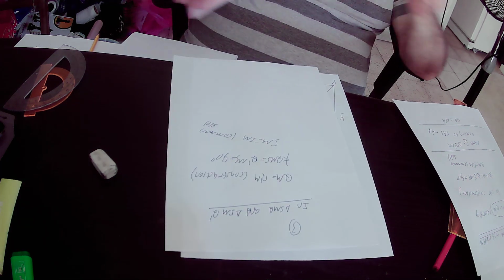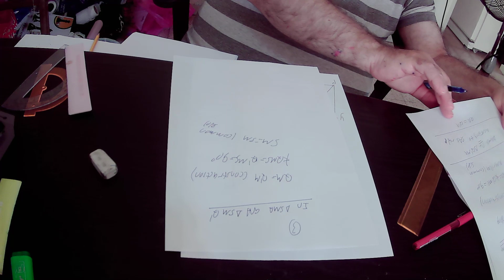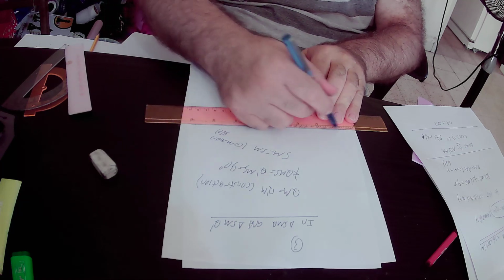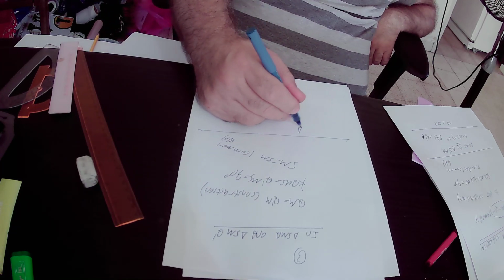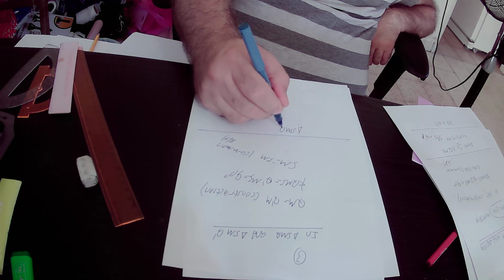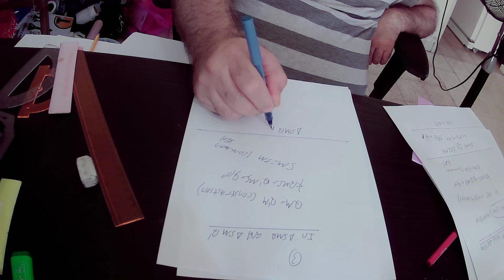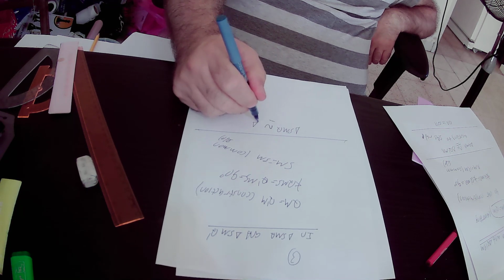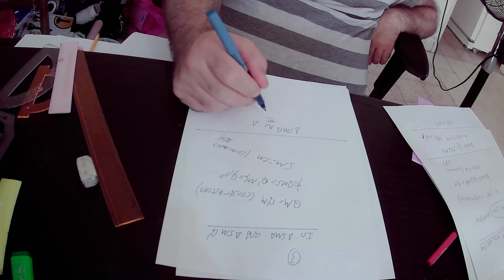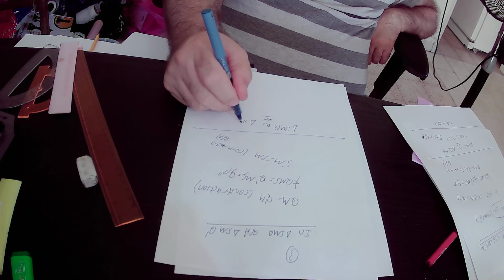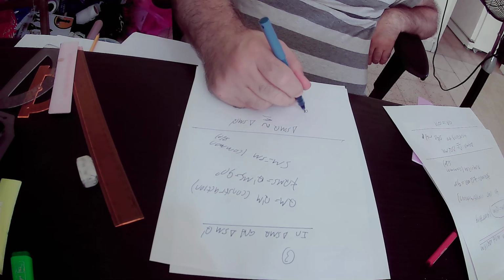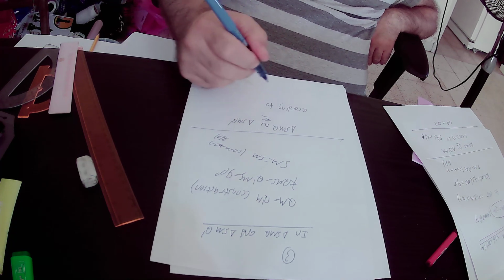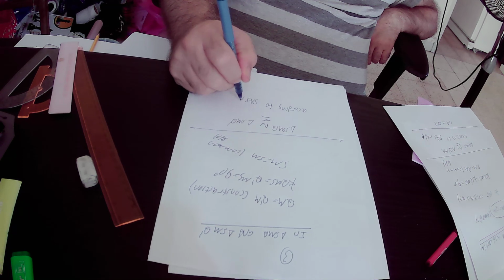So I'll write it down. Triangle SMQ is congruent to triangle SMQ dash according to the side angle side rule.